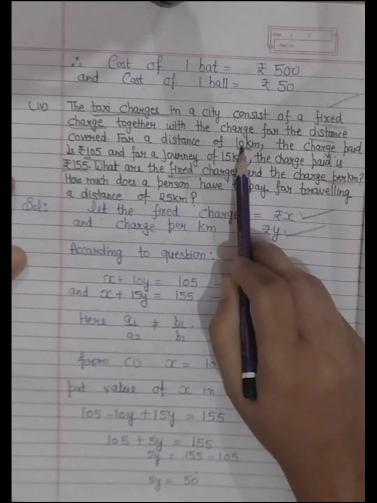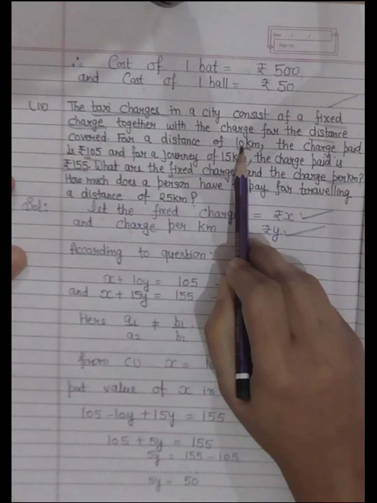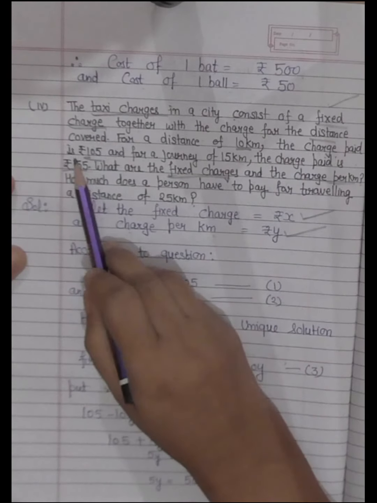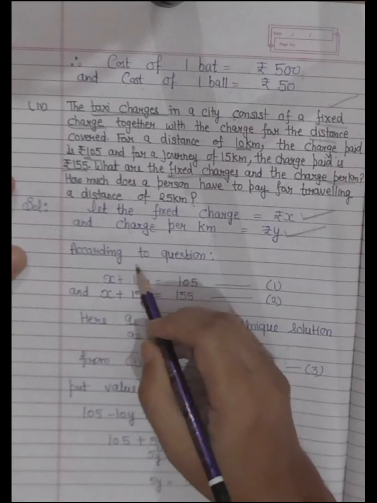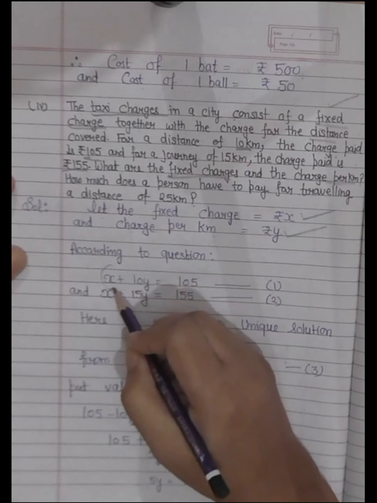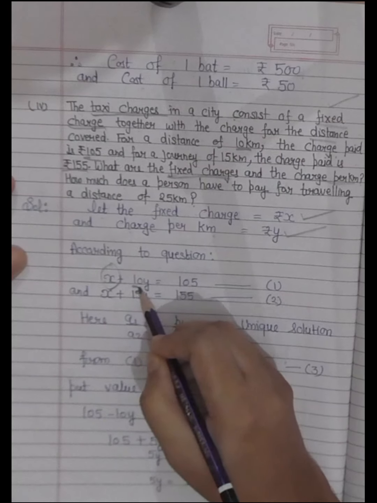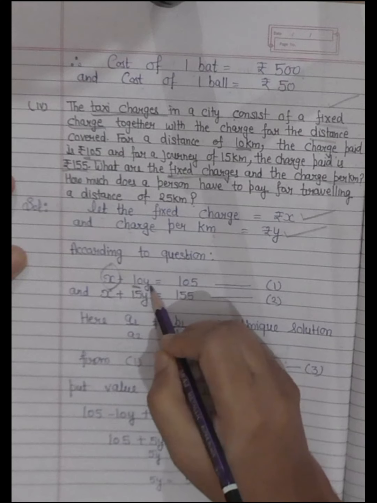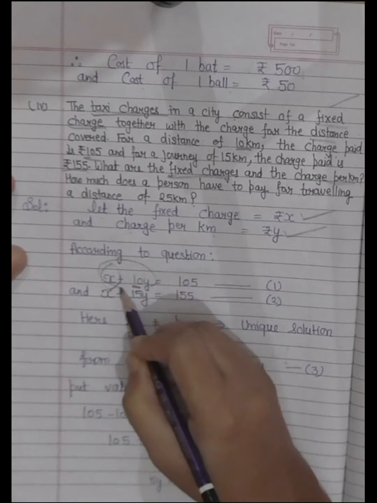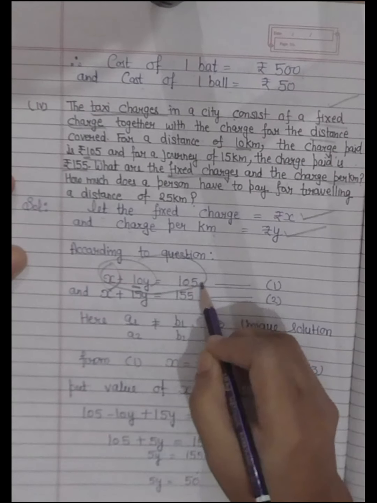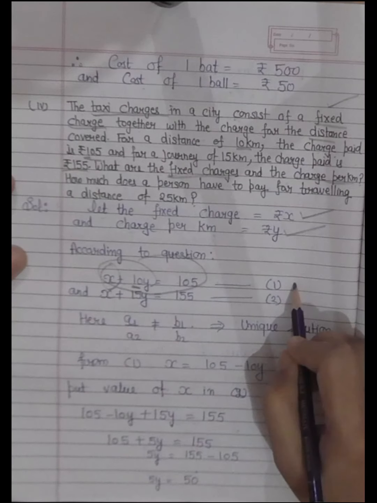So for the distance of 10 kilometer, the charge paid is rupees 105, means fixed charge is X, plus for the 10 kilometer it will be 10Y, and the total charge will be 105. It will be the first equation.